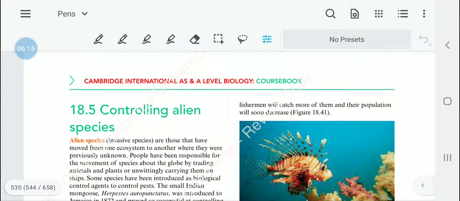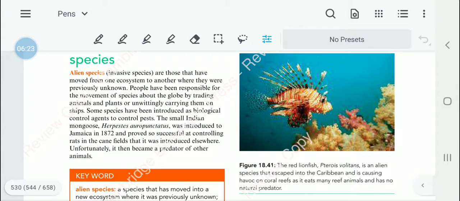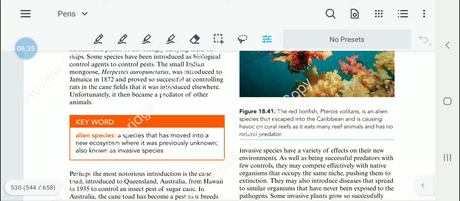Because they would not have natural predators when introduced to a new place, new habitat, they will thrive and increase in number, destroying the ecological balance of that ecosystem.